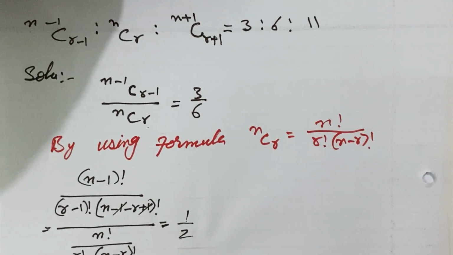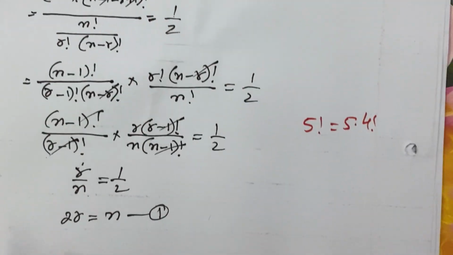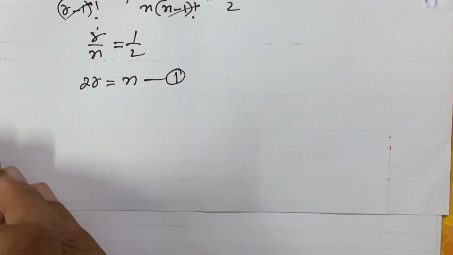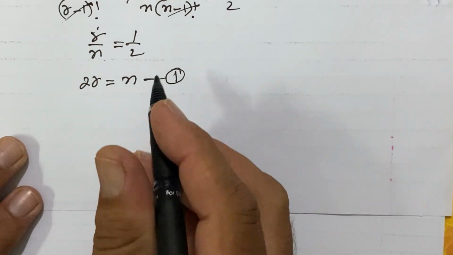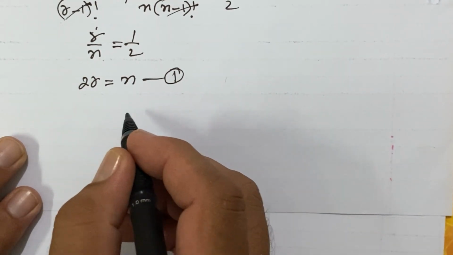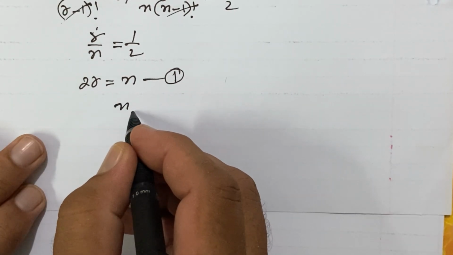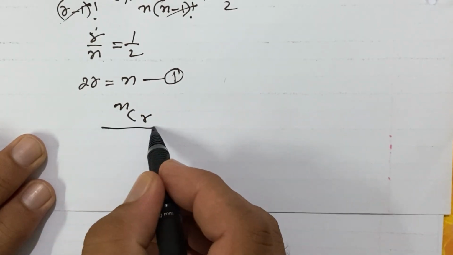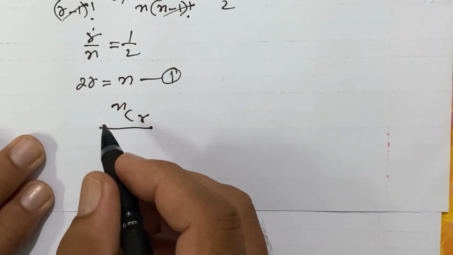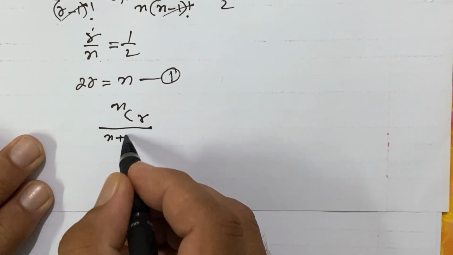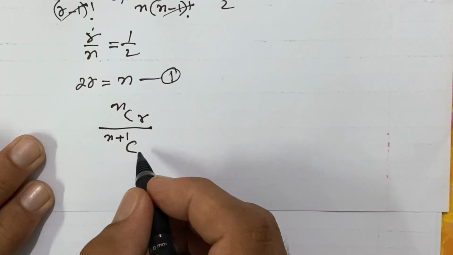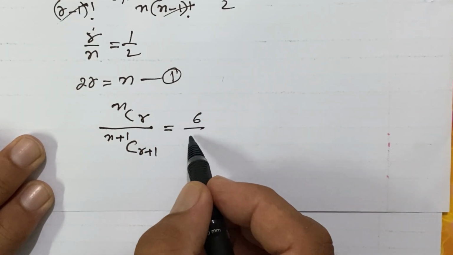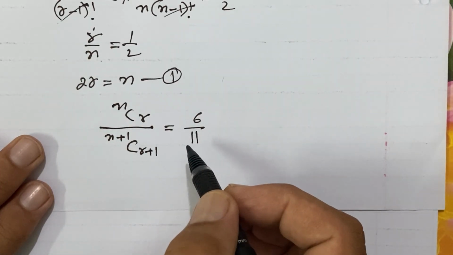When we take the second relation, then it becomes nCr over (n plus 1)C(r plus 1) is equal to 6 by 11.